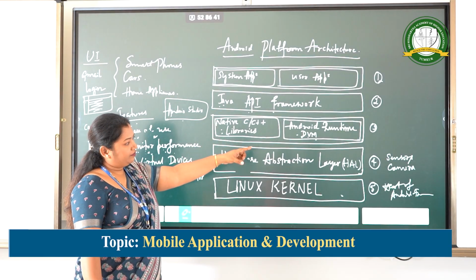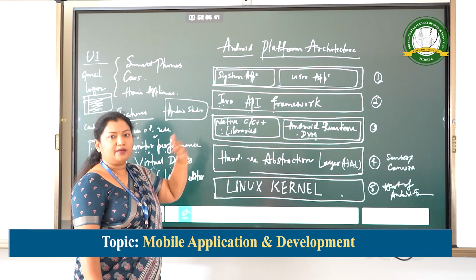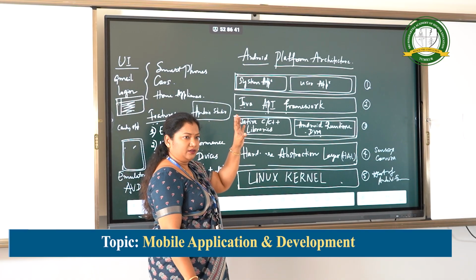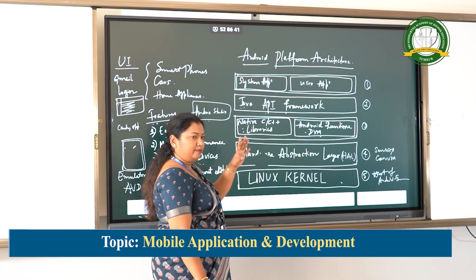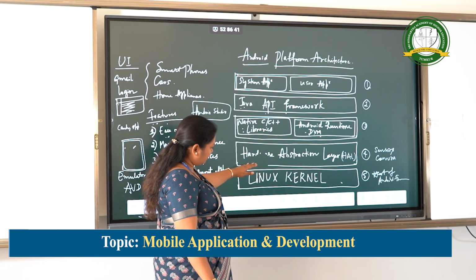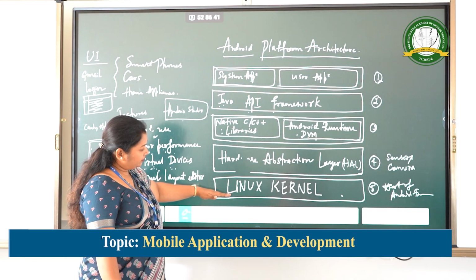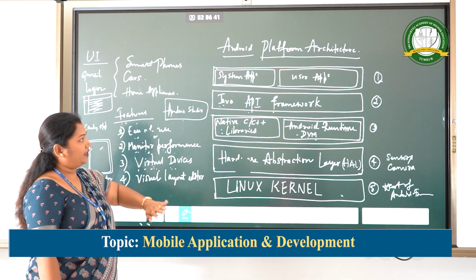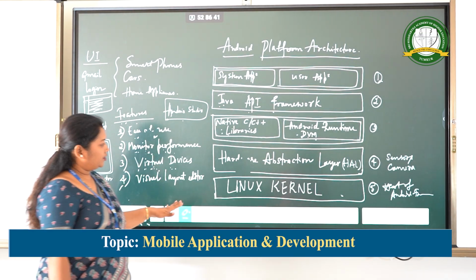Along with that, so many sensors will be there. For example, once we receive any message or email, a small red or green light will beep on our mobile phone. That comes under hardware abstraction layer, that is HAL. And the fifth layer is Linux kernel, which is called the heart of our Android framework. So this is the glance I have given you about Android platform architecture.